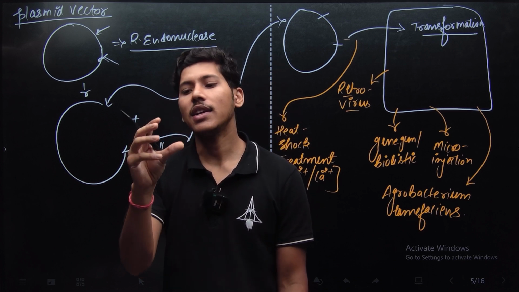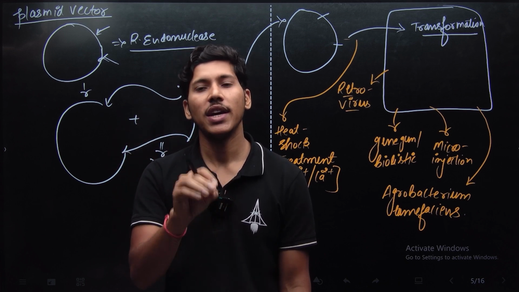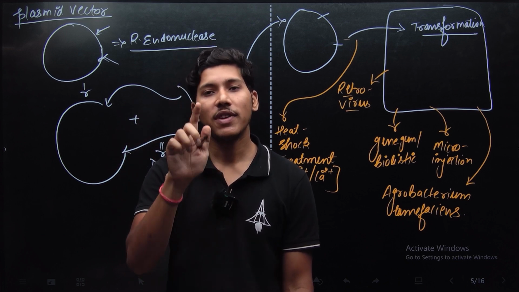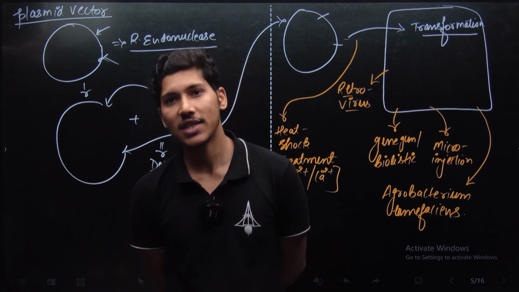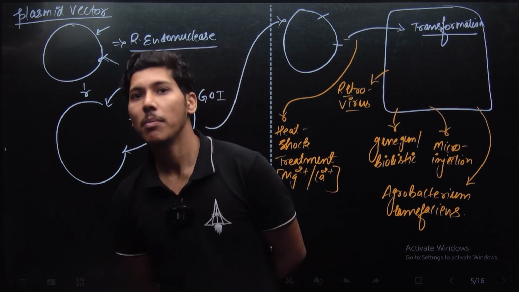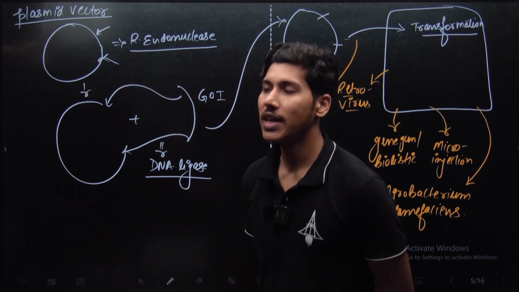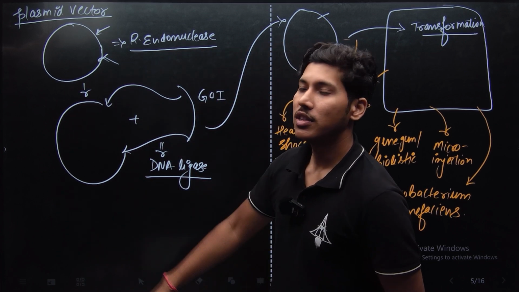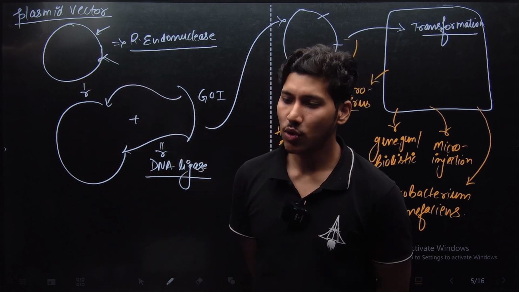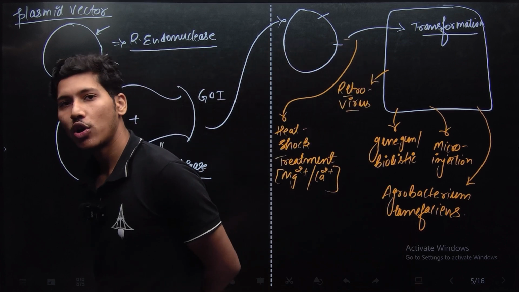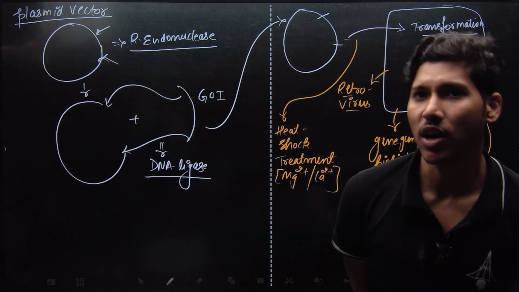So we can express the gene coding for insulin in a bacteria, but we first have to transfer that gene inside the bacteria, and that is done by using a vector. Most commonly in the laboratory, the vector is a plasmid. A plasmid is an extrachromosomal, independent and autonomously replicating DNA that is mainly present in bacteria only.